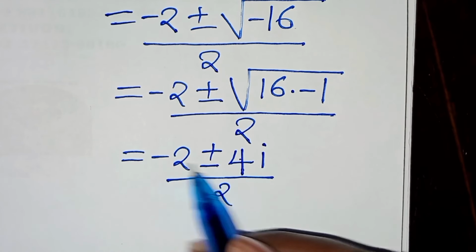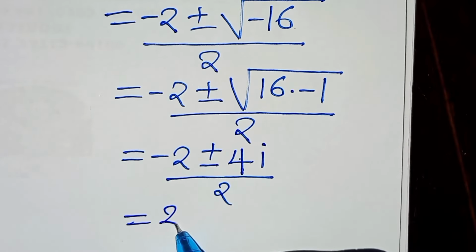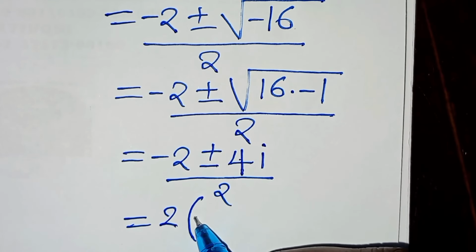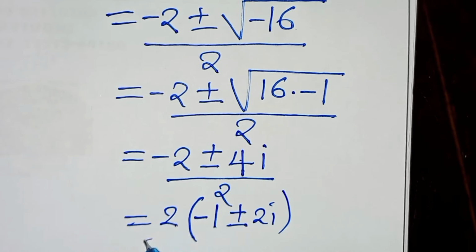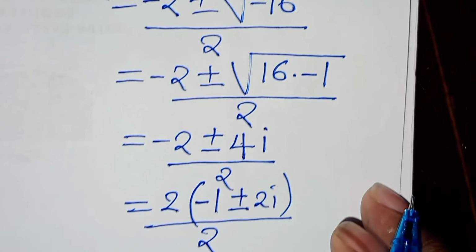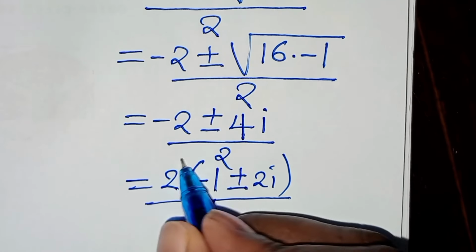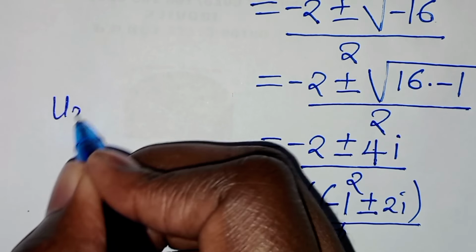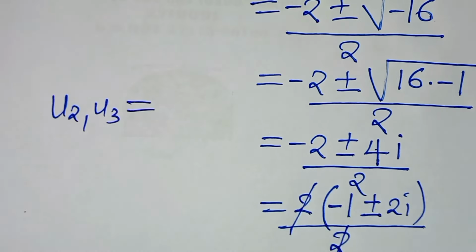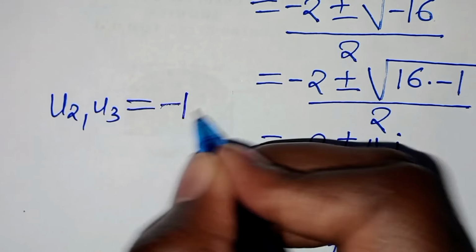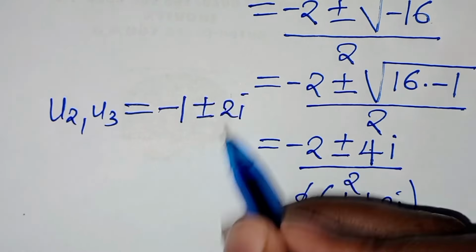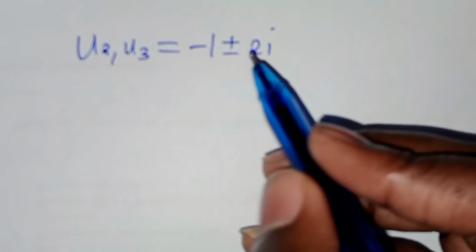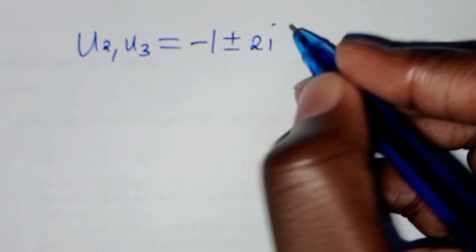So since 2 is common here, we can factor out 2 so that we have 2 in the parentheses. We have minus 1 plus or minus 2i, everything here divided by 2. So let's simplify here. 2 and 2 simplify, so that now we have u2, u3, this is equal to minus 1 plus or minus 2i.